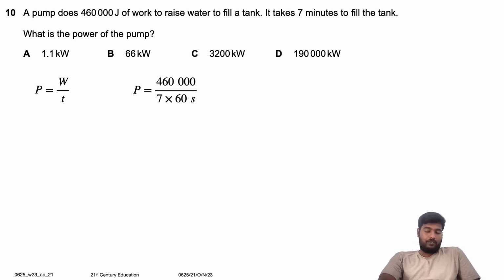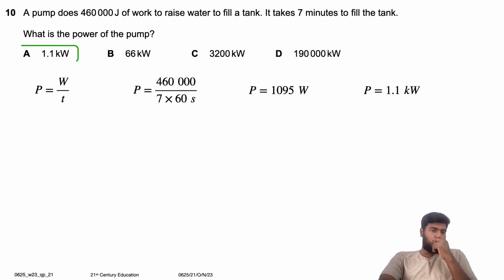Here we have to be careful: we have to convert into seconds, so 7 minutes times 60 seconds. If we do the math, we get about 1095 watts. If you round this off, we get 1.1 kilowatts. So we have that in option A. Done.